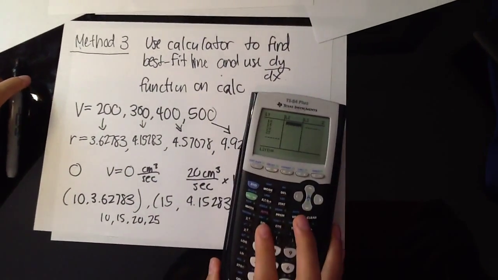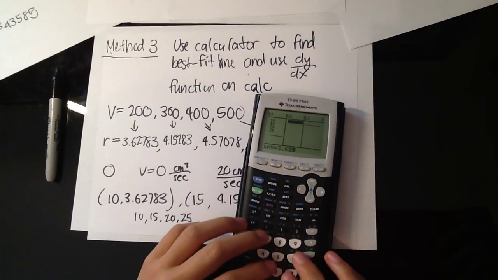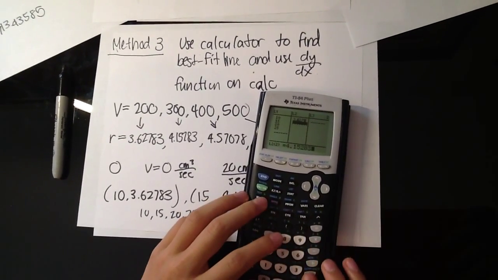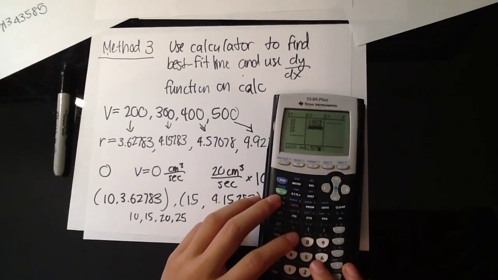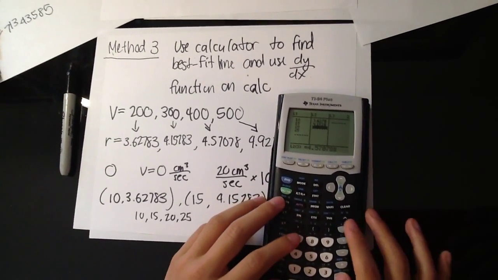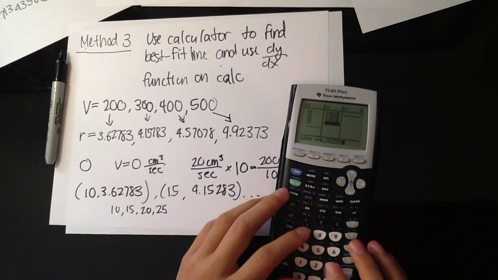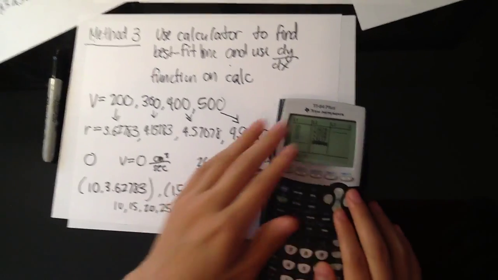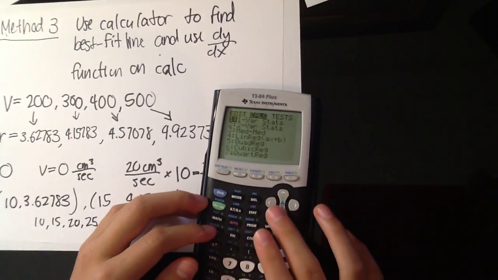The y values that correspond to those are going to be 3.62783, 4.15283, 4.57078, and 4.92373. So now that we know those, we go to Stat, Calc.